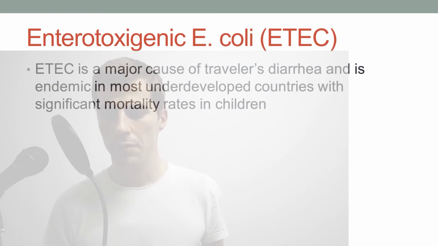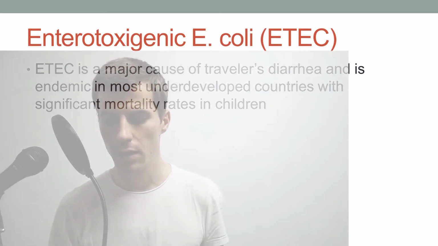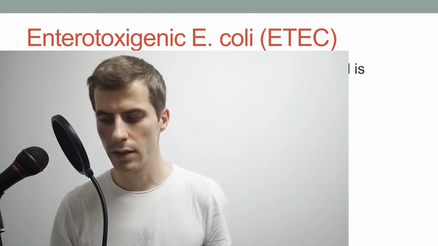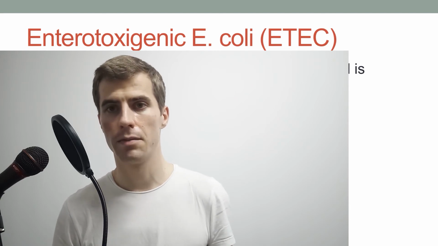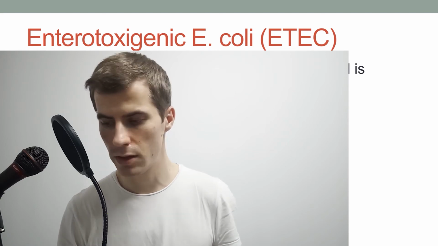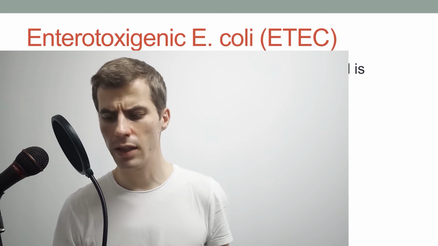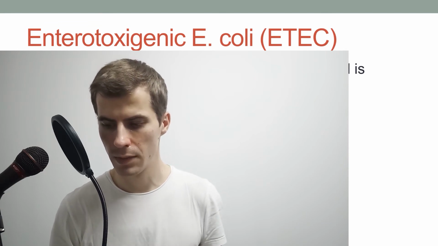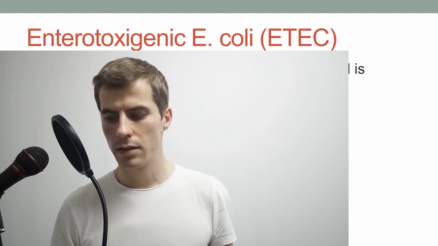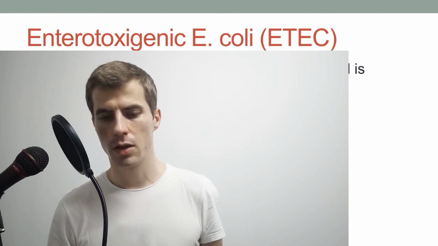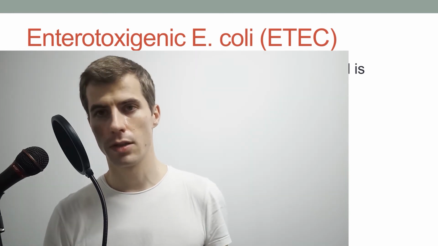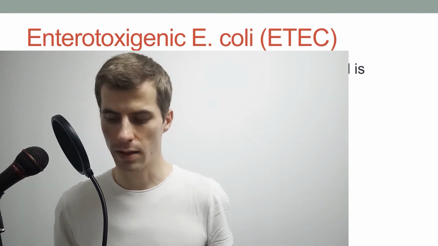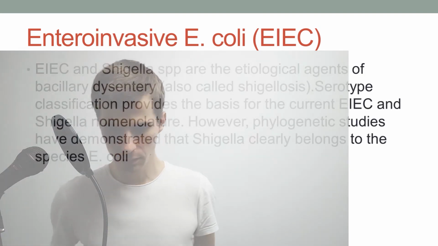Also, we have Enterotoxigenic Escherichia coli. Usually, it produces diarrhea or intestinal infection in travelers. Usually, it is endemic. And also it is known as an infection which causes very high mortality among children.